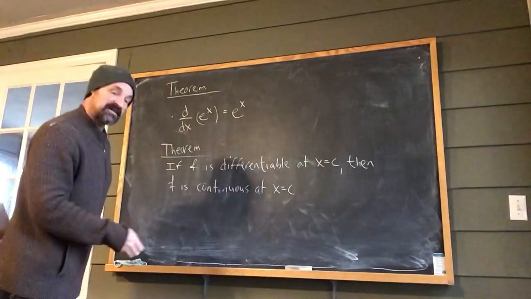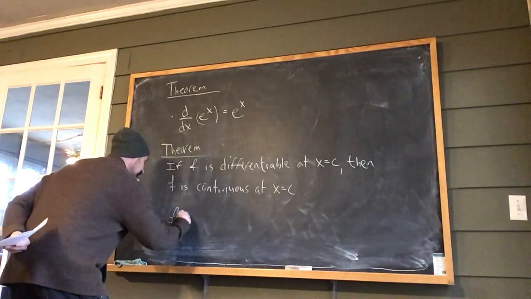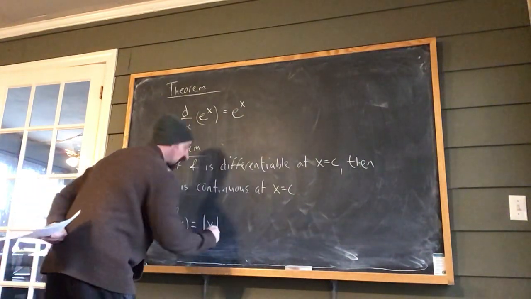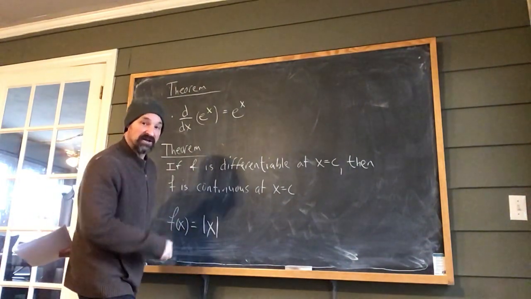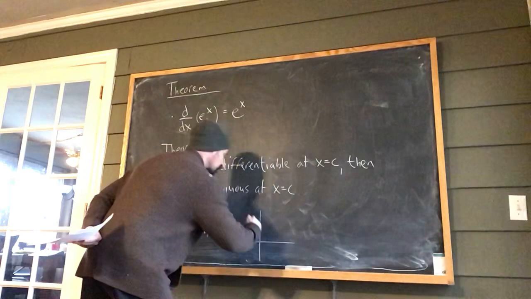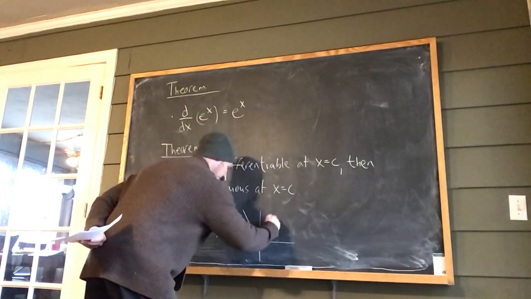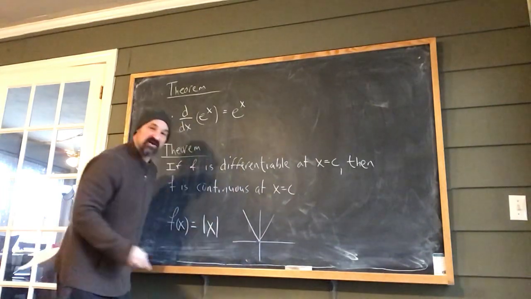And a nice counterexample here would be the function absolute value of x. We showed in section 3.1 that function was not differentiable at 0.